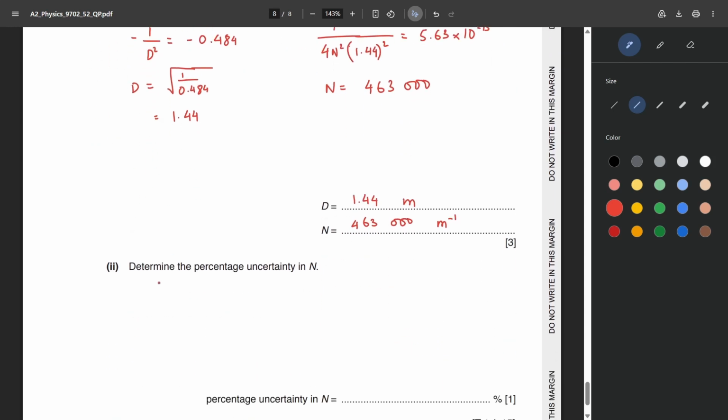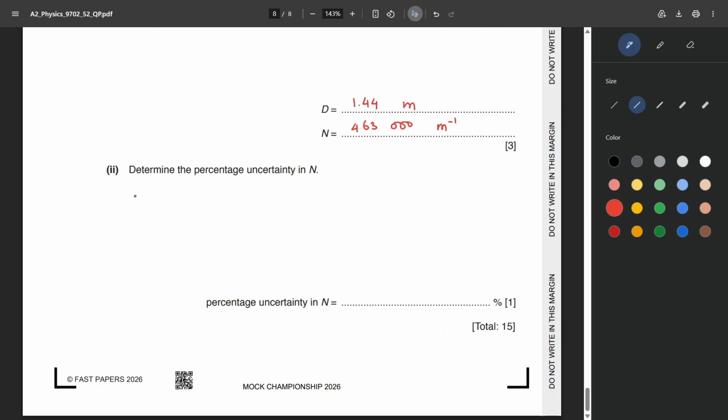Now, determine the percentage uncertainty in n. The percentage uncertainty of n would be half the percentage uncertainty in the gradient plus the percentage uncertainty in the value of c, the y-intercept.